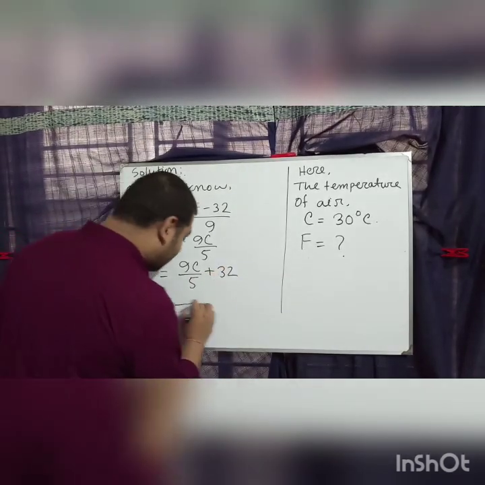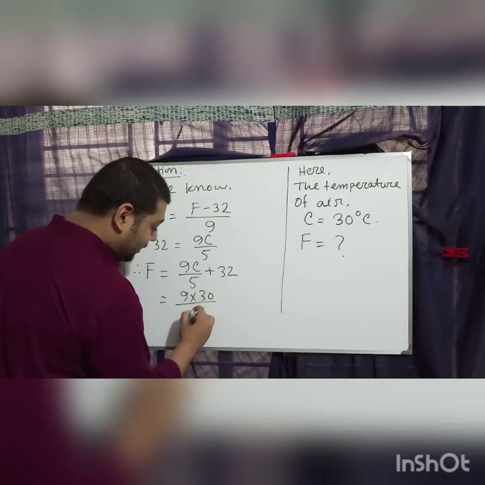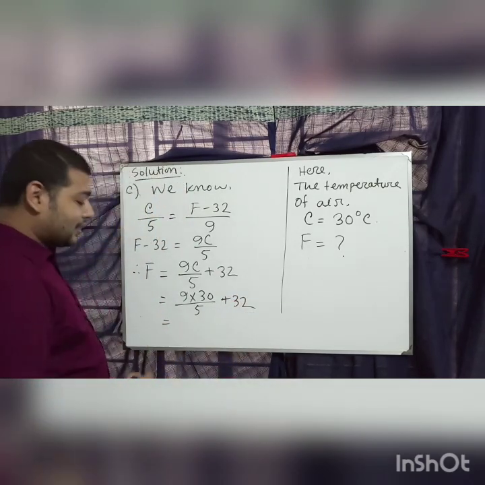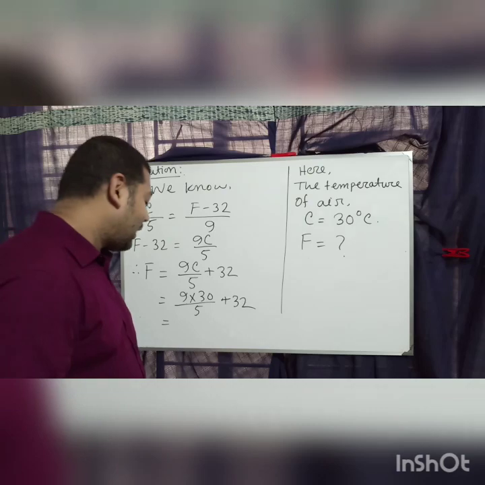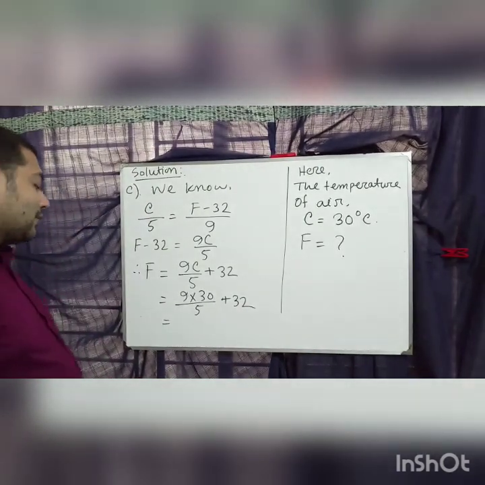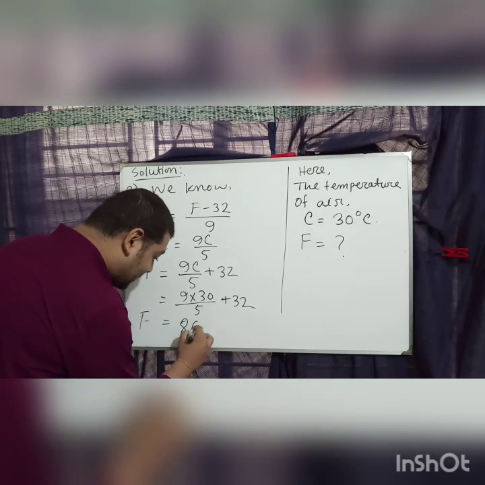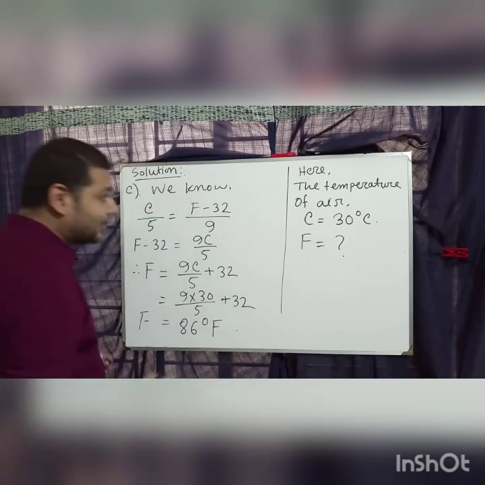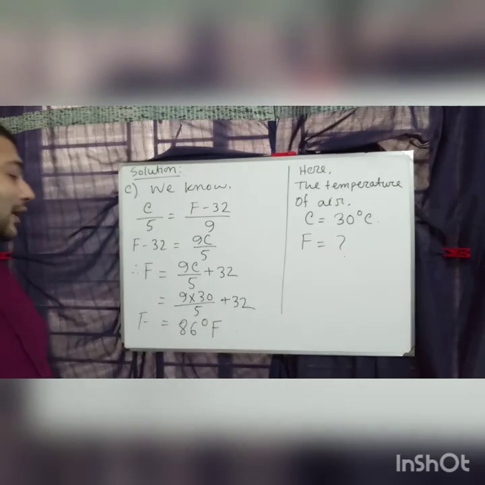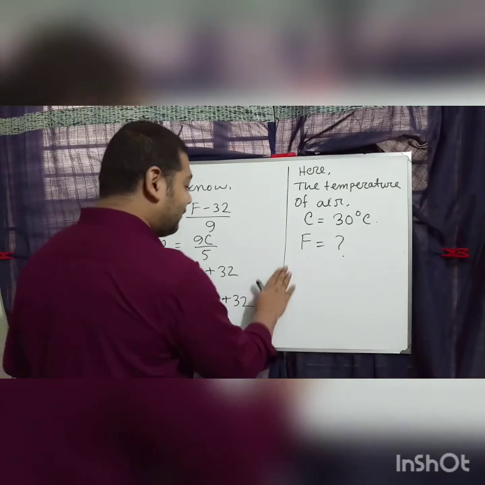Putting the value of C, 9 into 30 divided by 5 plus 32, by calculating we will get our final answer, 86 degree Fahrenheit. So the temperature of air in Fahrenheit scale is 86 degree Fahrenheit.